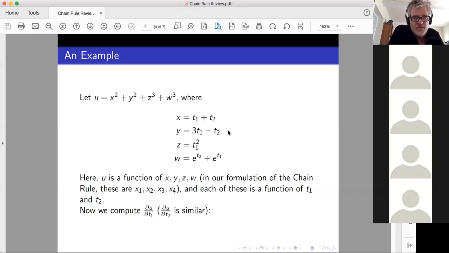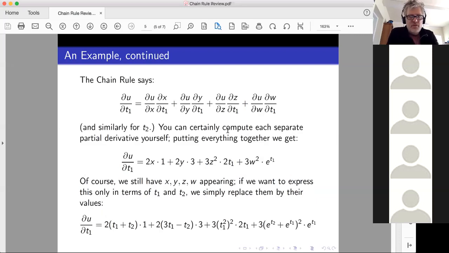So u is a function of these 4 variables x, y, z, w, and all of these 4 variables are themselves functions of t1 and t2. So that means that u is actually a function of t1 and t2. So in theory, we can compute del u del t1 and del u del t2. I'll stick to del u del t1. The other one is just exactly the same. So what does the chain rule tell us?